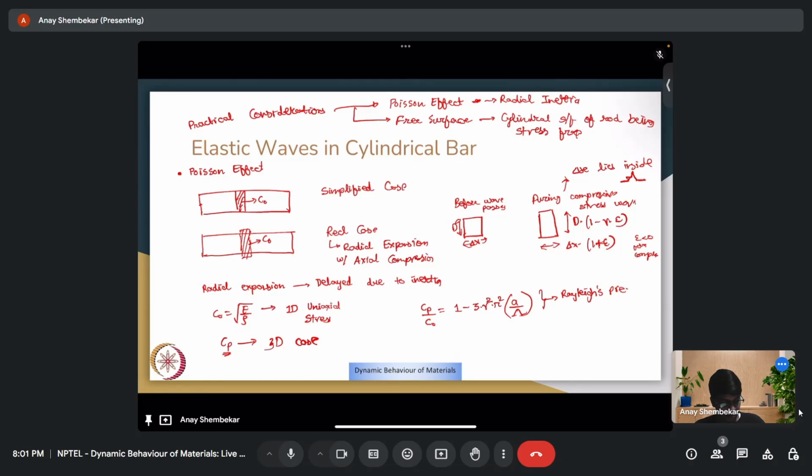prediction, and it's only accurate for a by lambda less than 0.1, which means like a very thin rod. So we know that lambda is related to the length of the projectile. So imagine the projectile to have a very thin radius.